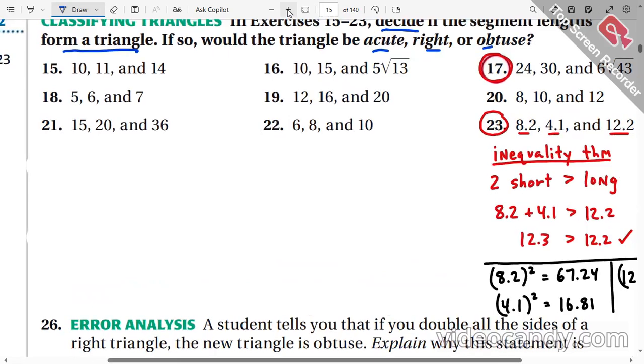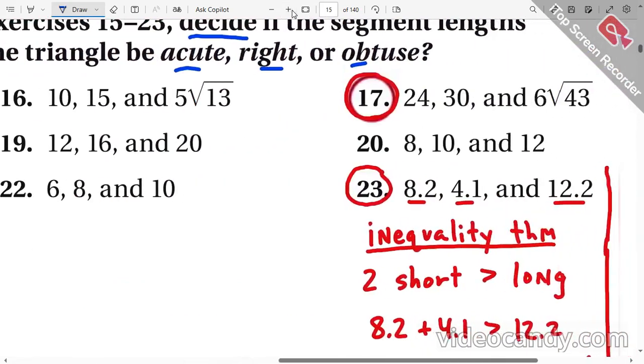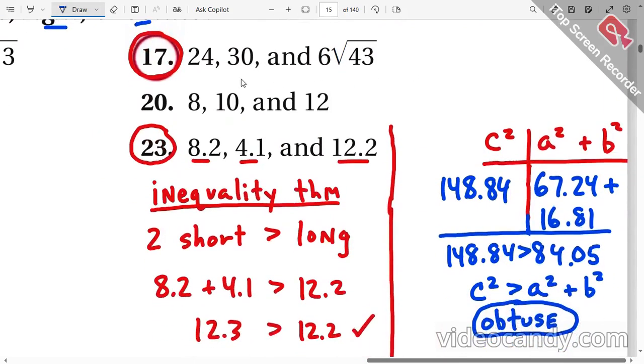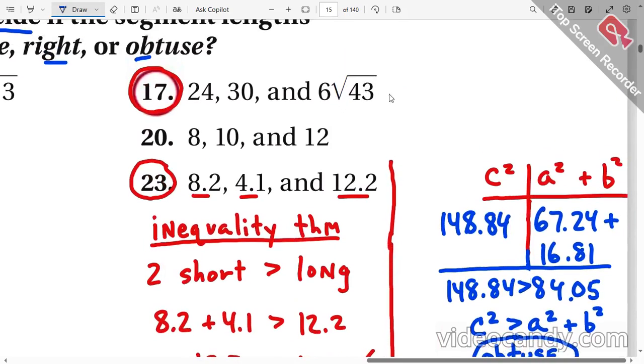All right, and I'll give you a little hint on number 16 and 17. If you want to test the inequality theorem here, you have to do six times radical 43 on the calculator. Okay, and then you could round off.